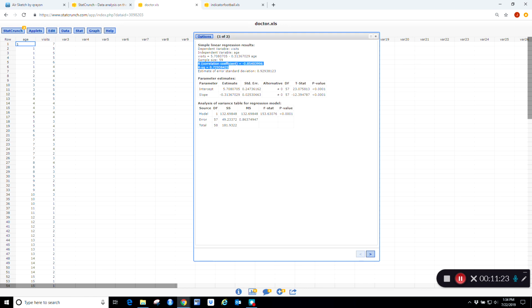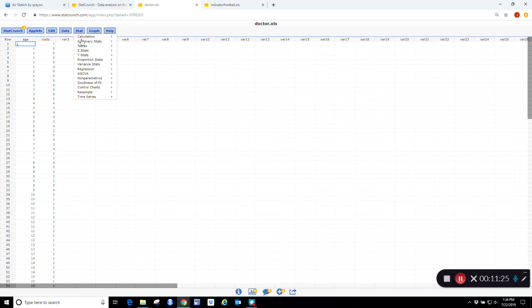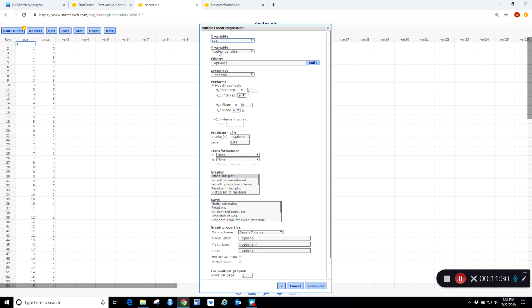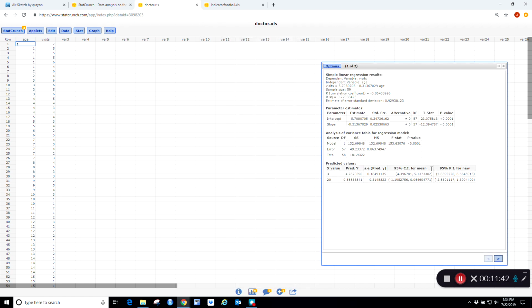When I actually run to get this analysis that we were already looking at, I just need to add an extra feature. So I'm still keeping this the same, but then down here for that prediction of y, I put in the age of 3, and I use a comma to separate them, and put the age of 20 to get this additional output that you see, where I just rounded some of the numbers.